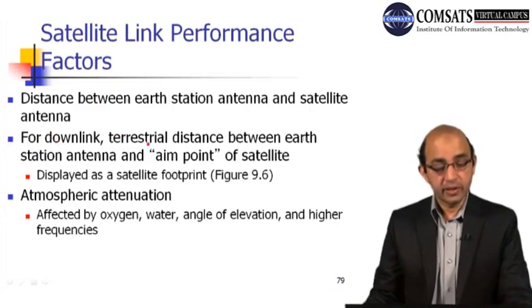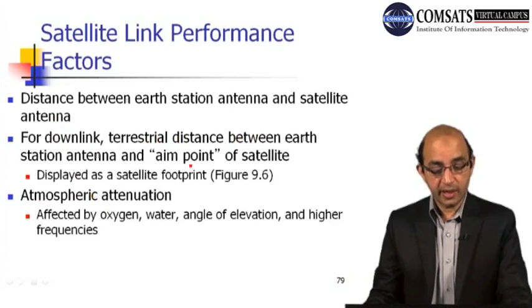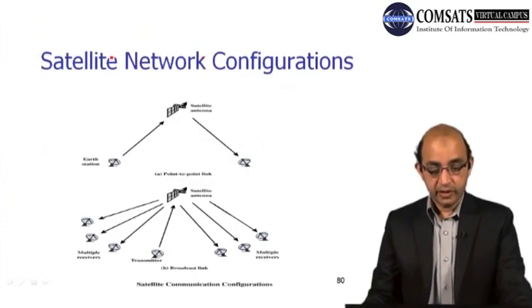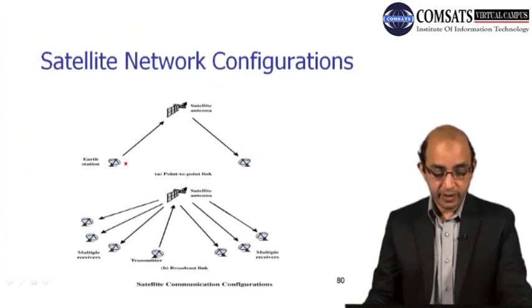Then for downlink, the terrestrial distance between the Earth station antenna and the aim point of the satellite. Atmospheric attenuation is affected by oxygen, water, angle of elevation and high frequency. These are the factors that we will take into account when we talk about satellite link performance. Here in configurations, you can see a point-to-point link, an Earth station, and the ground station.